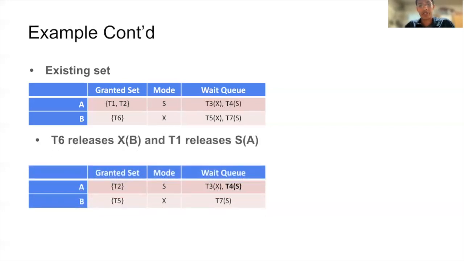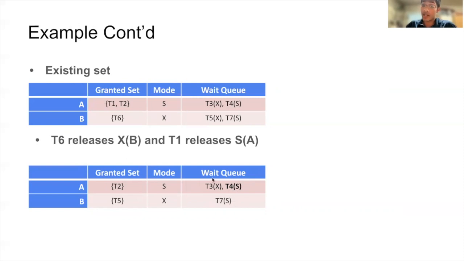What happens when we release some locks? So let's say T6 releases the exclusive lock on B and T1 releases the shared lock on A. Well, here, what's going to happen is T1 is going to release its shared lock, and here T2 will now have a shared lock. And you might think, well, can we grant T4 now?